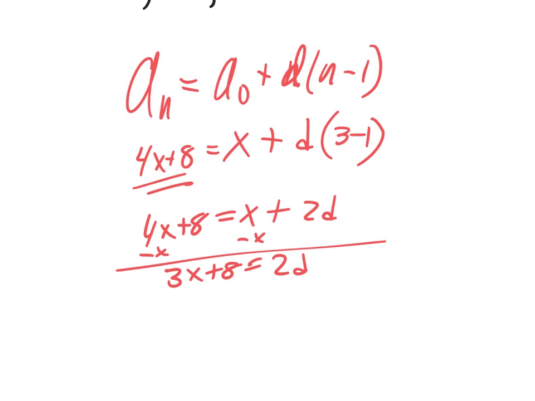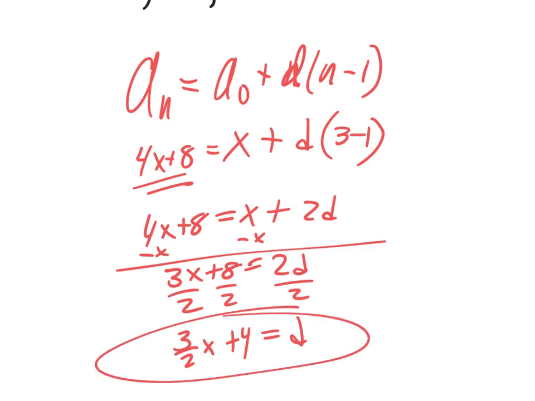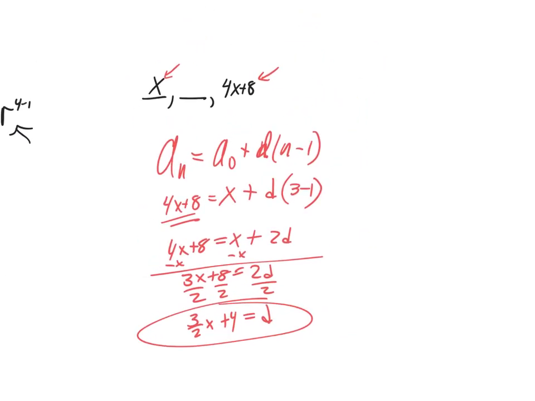I know, there's two variables. But that is the common difference. You're going to add 3x over 2 or 3 halves x or 1.5x plus 4 each time.